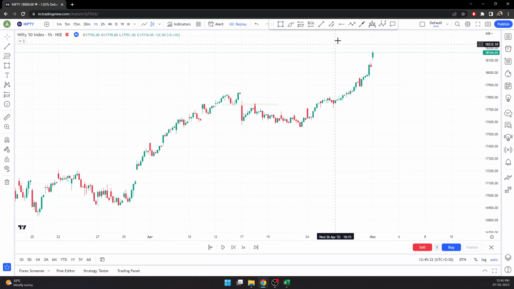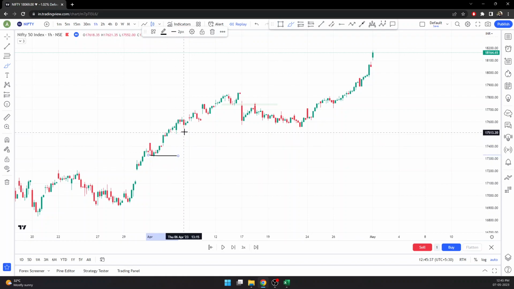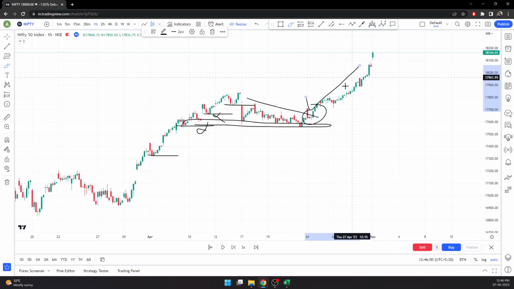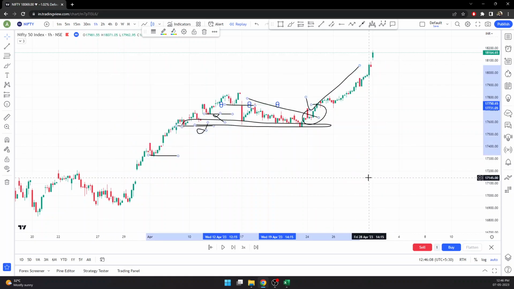Otherwise, everywhere it is sustaining these lows, this low was also sustained, this low too, then it finally broke this particular low. It almost touched these levels, and this is the main level for us now. We can see a trend line break, and then we again move back into the upper trend. So this is how we should be looking for the buying trends.